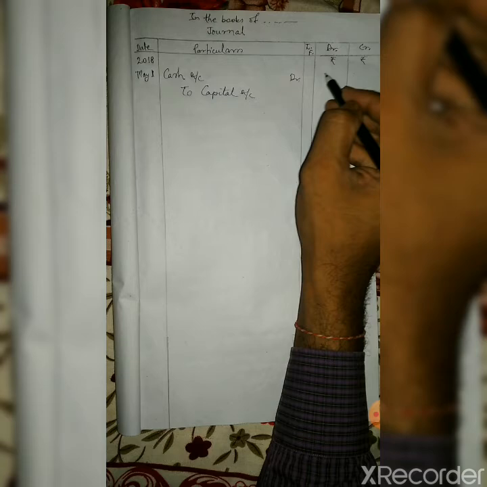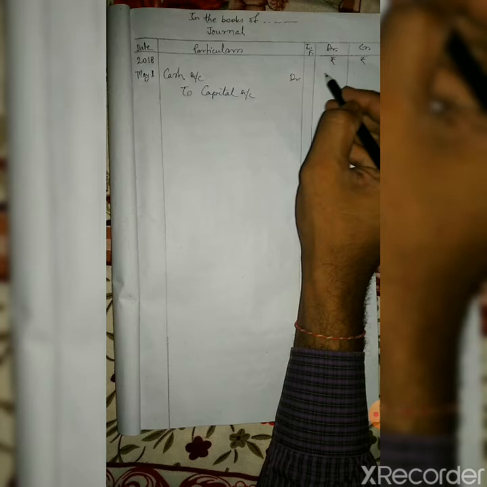Then the second party, which is here capital, is a personal account. So according to the rule of personal account, debit the receiver and credit the giver. So the capital account is giving that amount into the business.